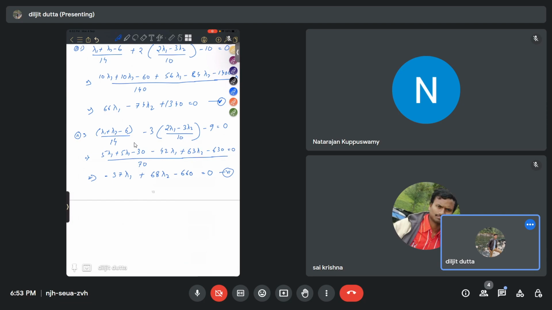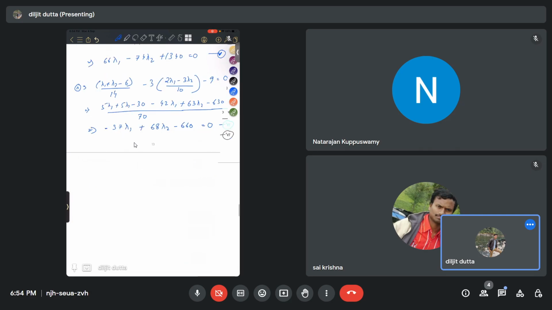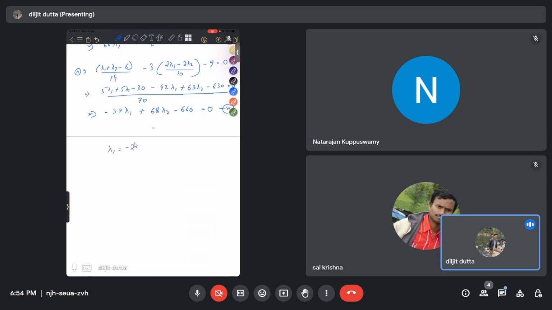What values do we get? After solution, lambda 1 will come as around minus 24.1, and lambda 2 will come as minus 3.4.